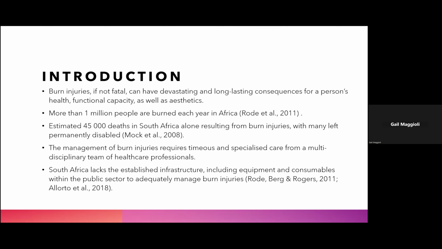And unfortunately, South Africa, being a developing country, within the public healthcare sector where I was working, lacked a lot of the established infrastructure, including equipment and consumables that you need to adequately manage these kind of burn injuries.